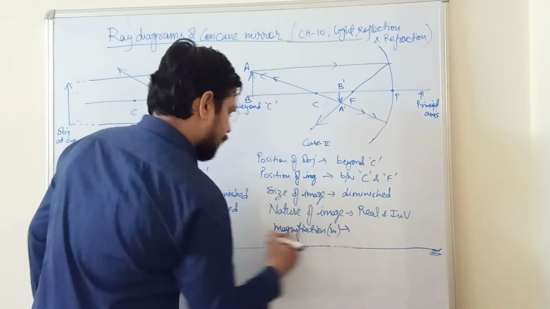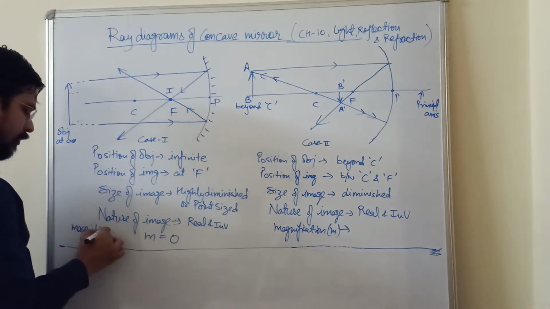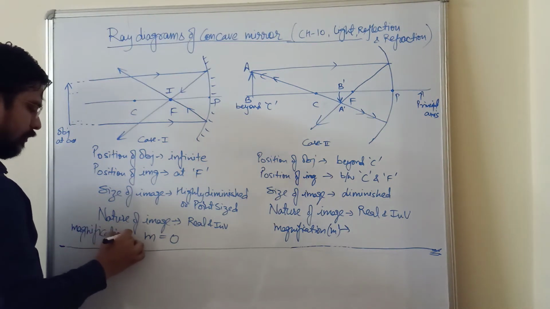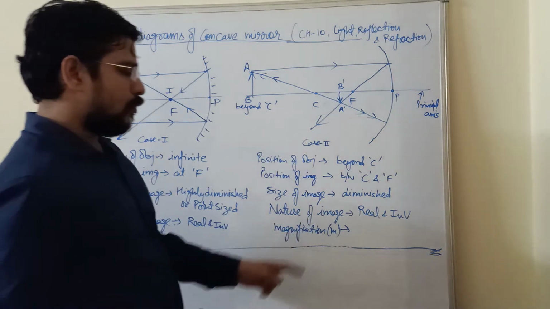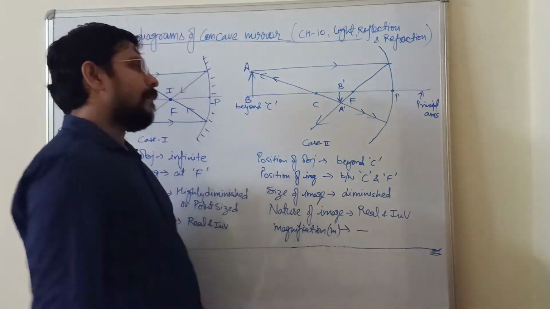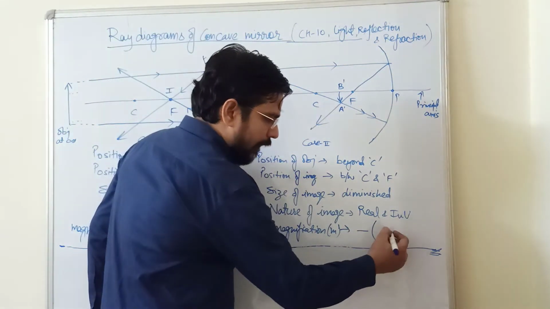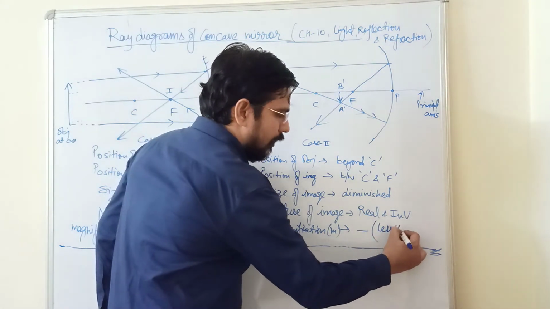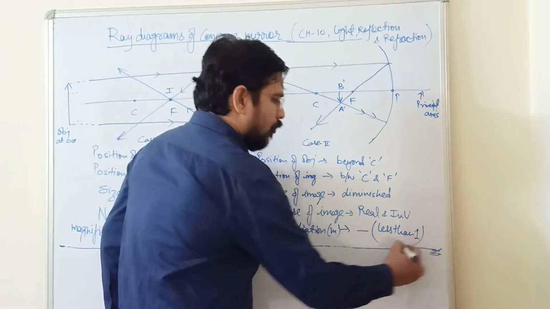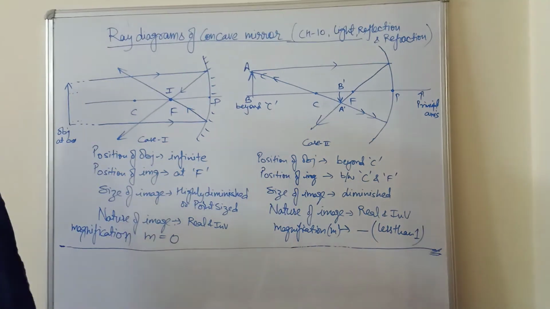It is represented by M. So magnification here is always going to be negative. Negative sign is indicating inverted image. So magnification is negative, and the value of magnification is always going to be less than 1 because the size of image is smaller than size of object.